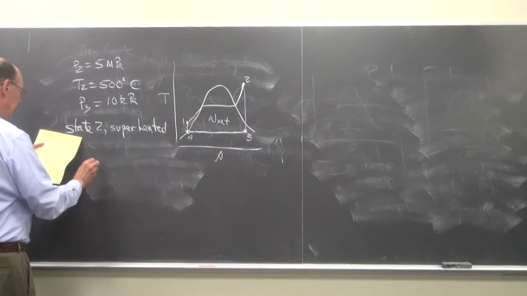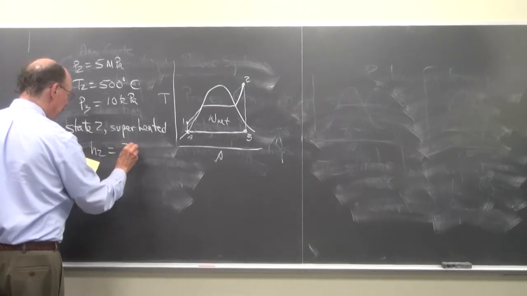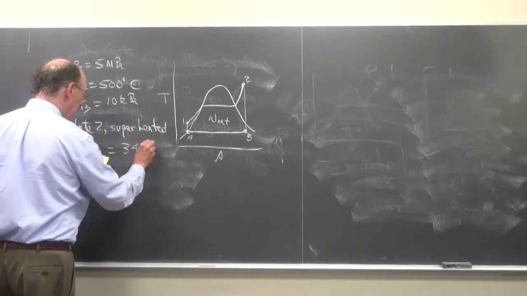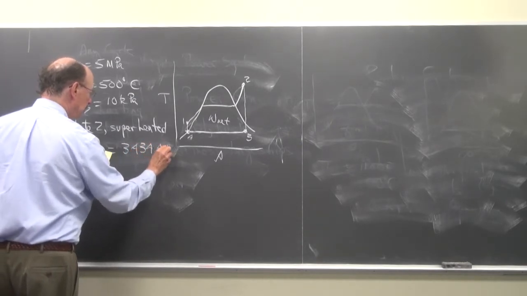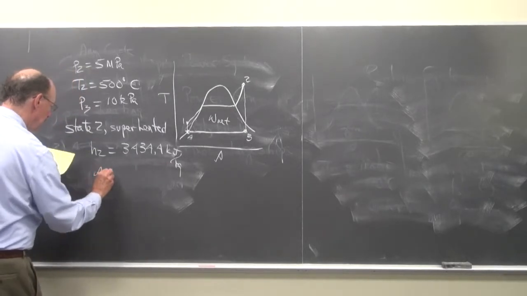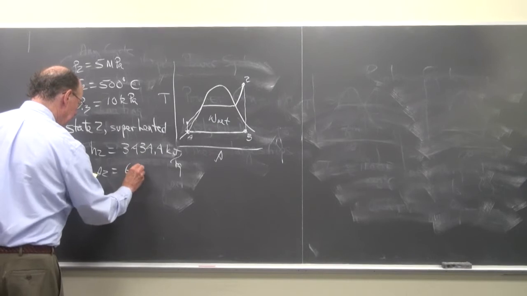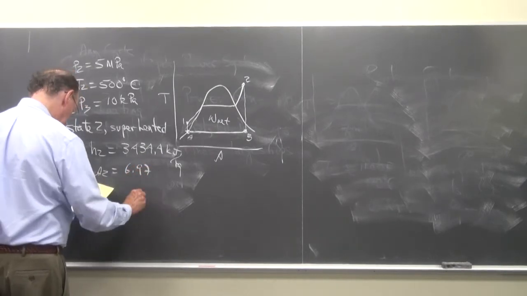So we look up the enthalpy, H2 is equal to 3434.4 kilojoules per kilogram. S2 is equal to 6.9743.